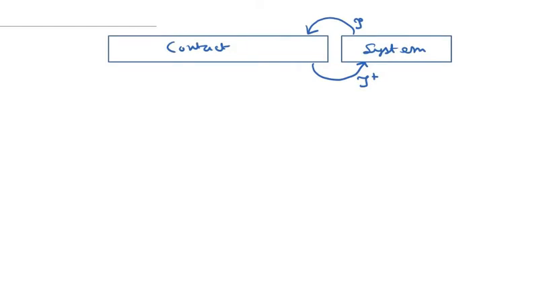So let us assume a one contact system. We have this single contact and the system here, and the system is coupled to the contact via this matrix gamma, and similarly the contact is coupled to the system via this matrix gamma dagger. We just write the time independent Schrodinger's equation for this system.